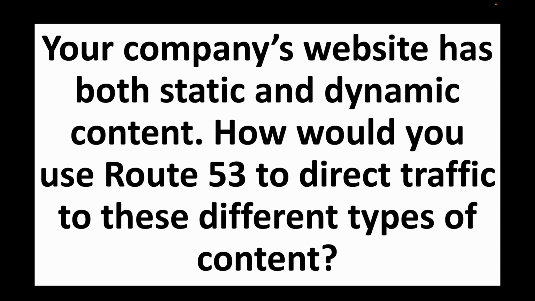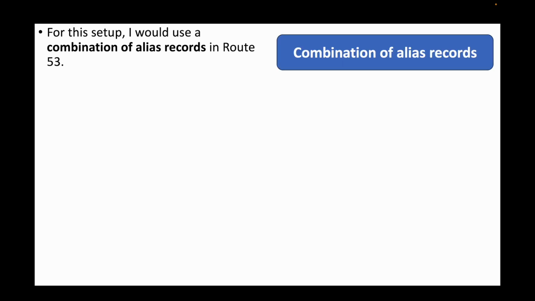The next question we have is, your company's website has both static and dynamic content. How would you use Route 53 to direct traffic to these different types of content? So for this, you will be using a combination of alias records in Route 53. So alias records is one option that you can make use of.